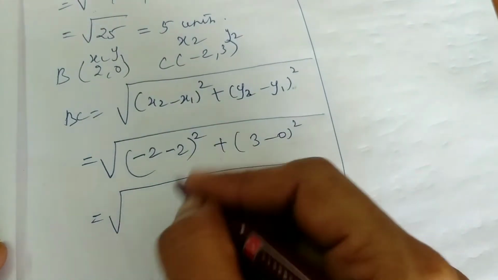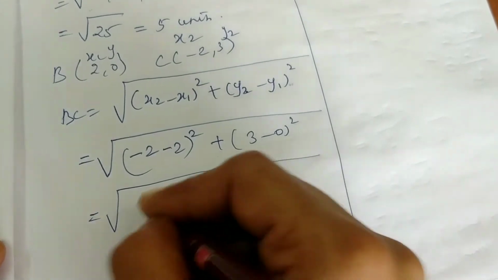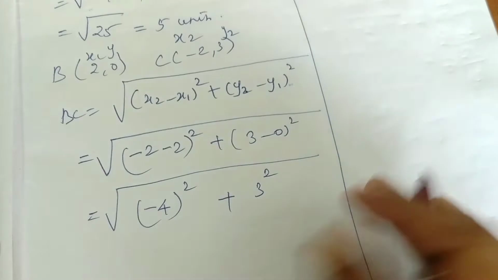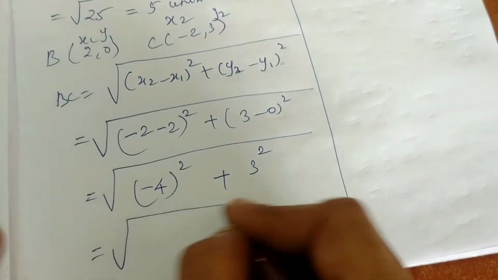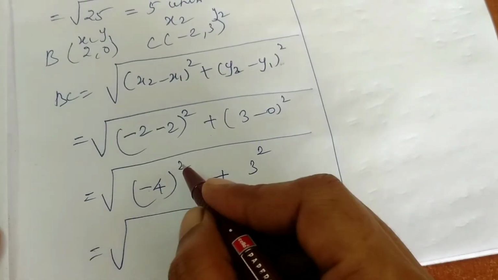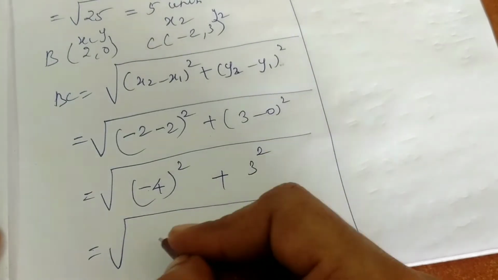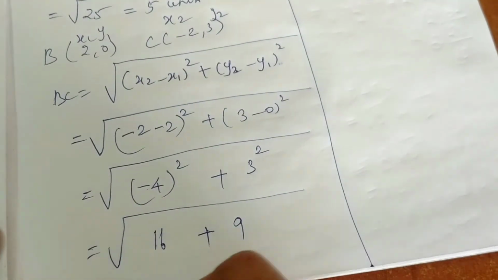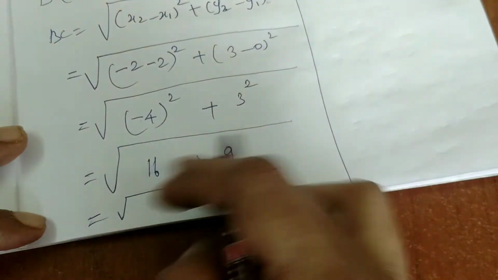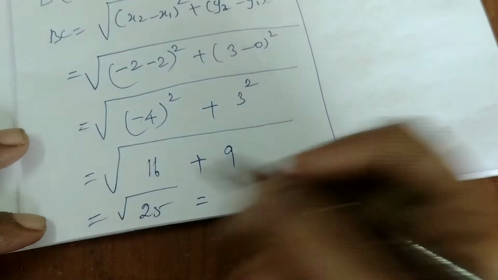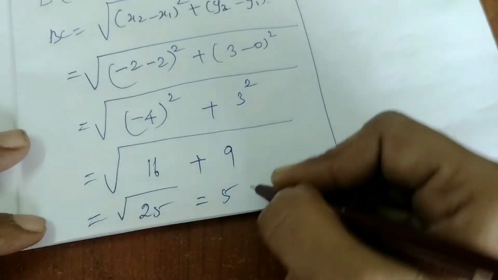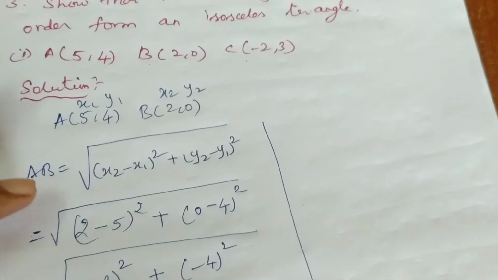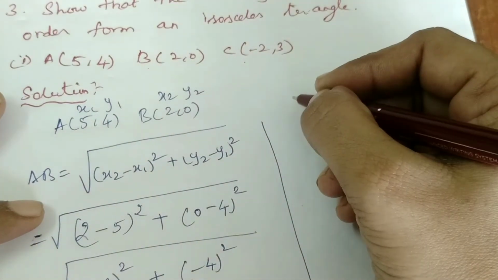Minus 2 minus 2 is minus 4, squared is 16, plus 3 square is 9, so square root of 16 plus 9 is 25. Square root of 25 is 5 units. That's all.